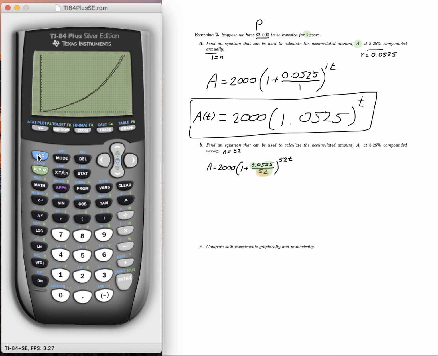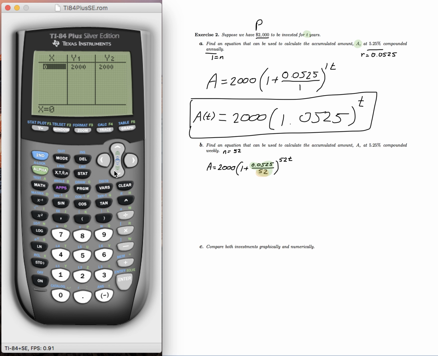Alright, so let's take a look at the table as well. If we go to the table, my table needs to be cleared out, so you can go to the table settings and tell it that you want it to ask you what values to plug in. Alright, so if I plug in 0, we see that our values are the same, right? The initial value was the same.